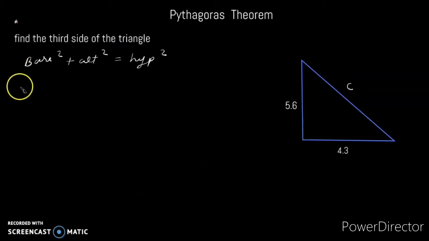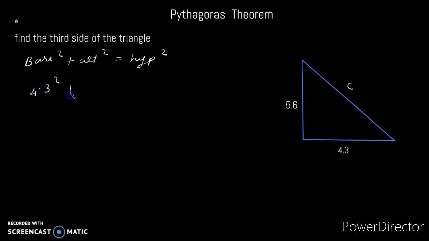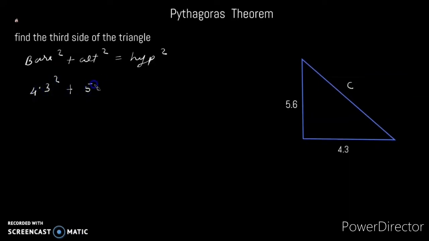The base is given as 4.3, so I'll write 4.3 squared plus altitude 5.6 squared is equal to, the hypotenuse is given as c, so c squared. 4.3 squared is 18.49 plus 5.6 squared is 31.36, and that is equal to c squared.